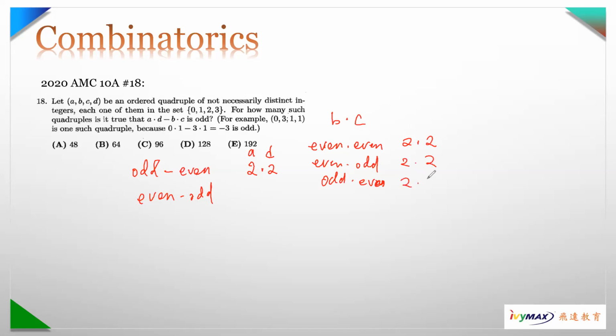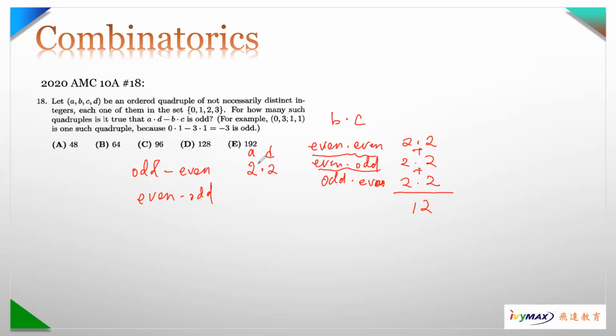In that case, I need to sum them up instead of taking the product, because it's an or. So B times C can be either even times even, or even times odd, or odd times even, and the total options that B times C can choose is 12, right?